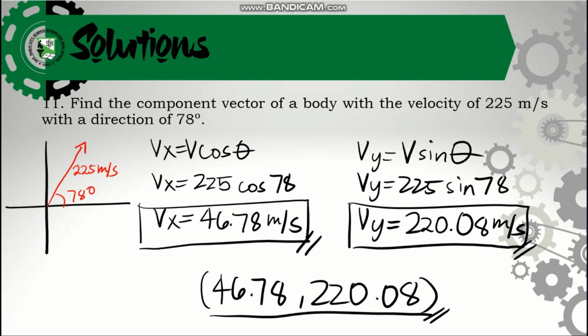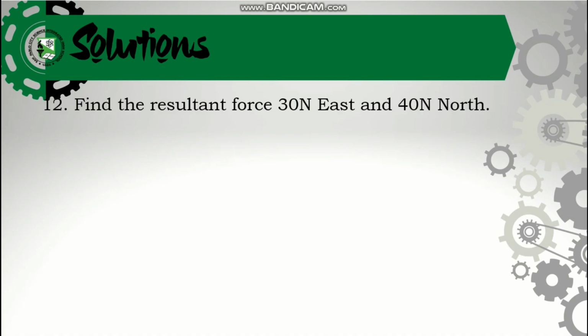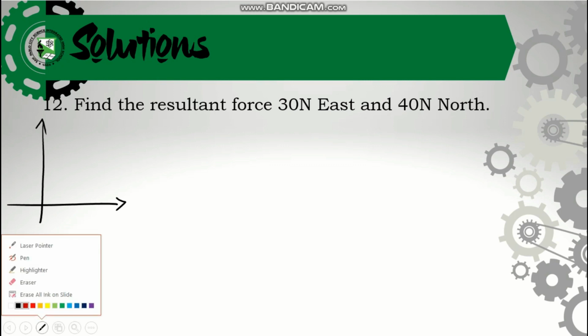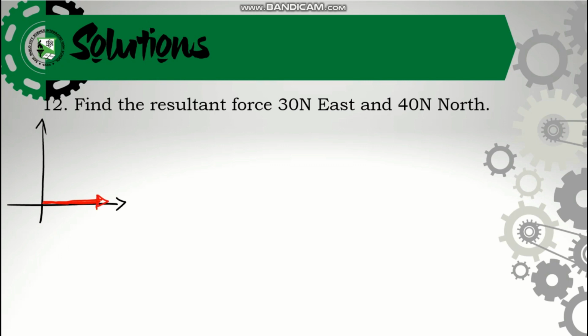So napakadali lang kapag component vector. Next, we have: find the resultant force of 30 Newtons east and 40 Newtons north. Okay, don't forget to graph this one. So we have here the Cartesian plane and then, actually, graphing the vector, yung order niya doesn't matter.